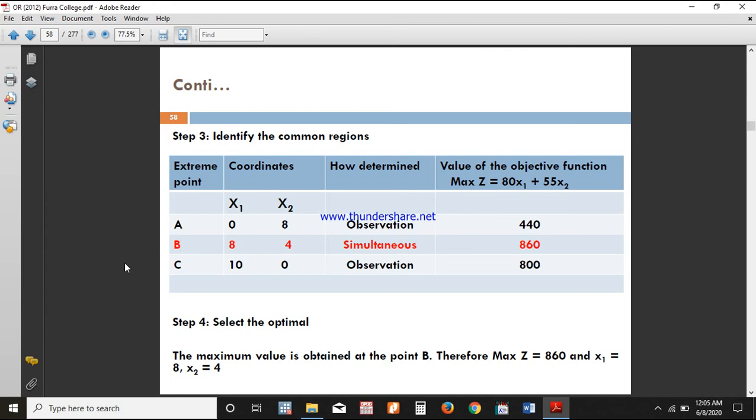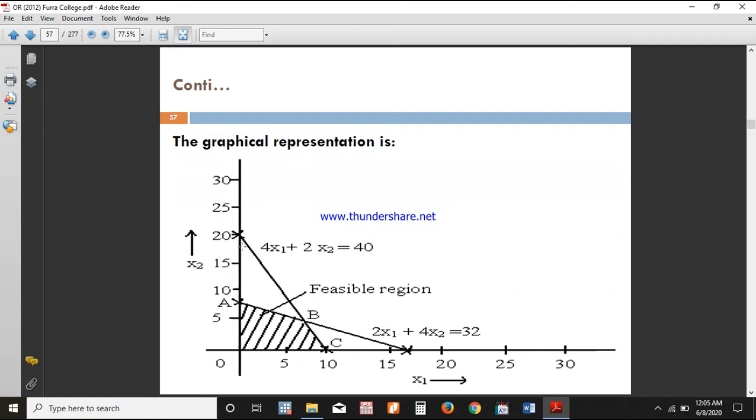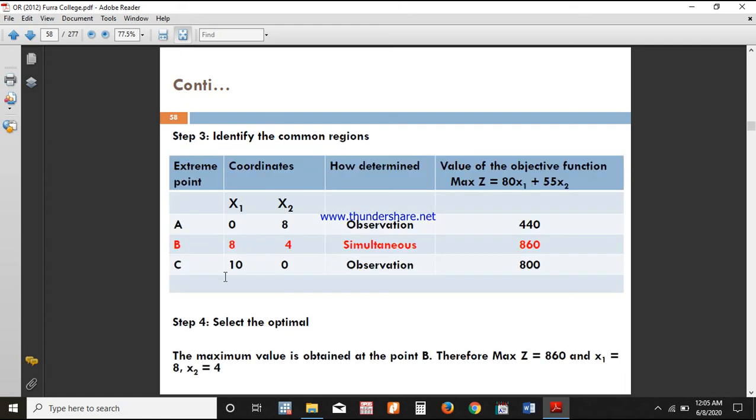At extreme point B, it is very difficult to find the values of x1 and x2 through simple observation. Therefore, it is better to undertake simultaneous equations, and through this you can find the values of x1 and x2, 8 and 4, and the total value will become 860.